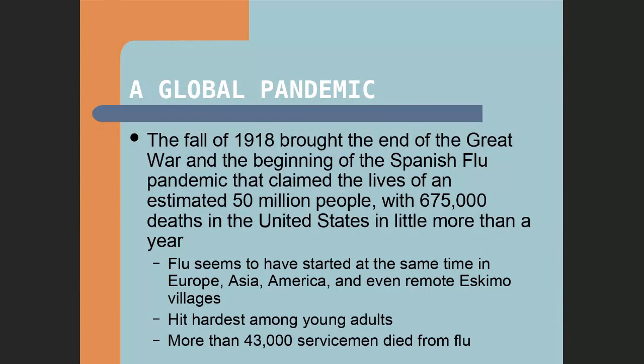Let's see if I can pull up some stats here. Right now, we have 608,000 deaths, so we are closing in on that as a country. But if you look at the global, 50 million people died from the flu, and worldwide we have 3.8 million people dying from corona.